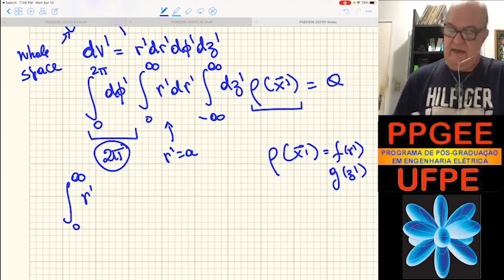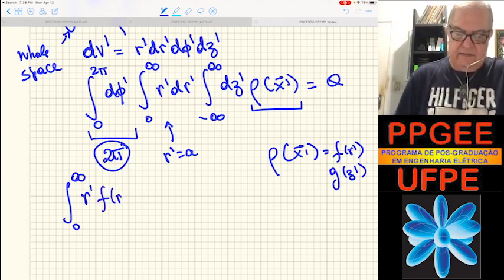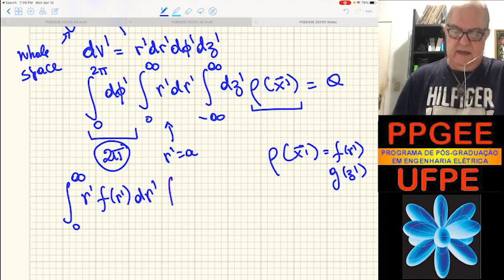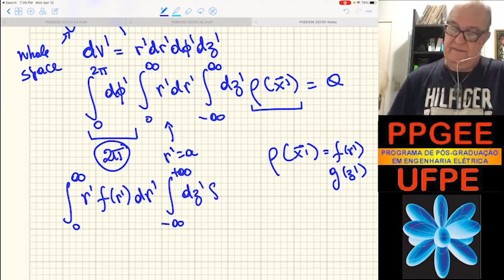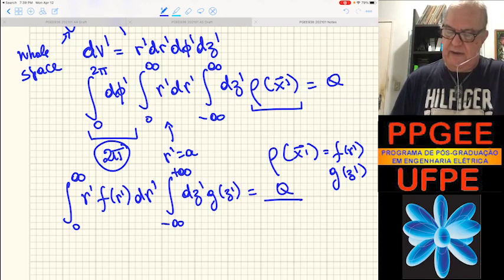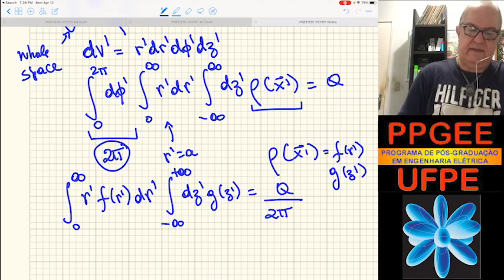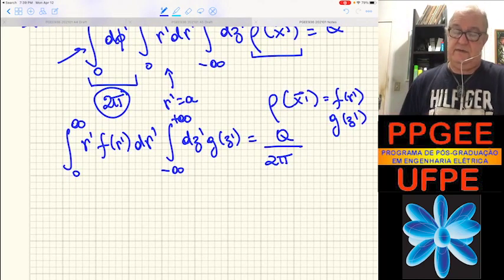So we're going to have f of r prime dr prime, integration from minus infinity to plus infinity of dz prime g of z prime equals Q divided by 2 pi, right? That's the result of this integral here.